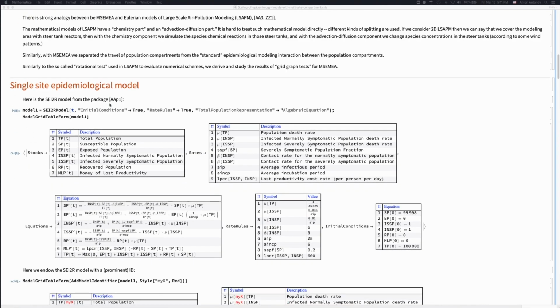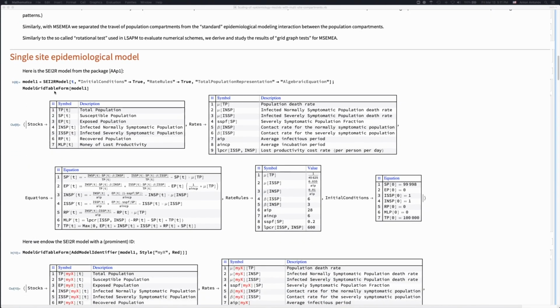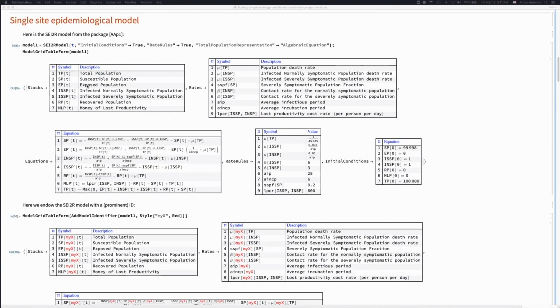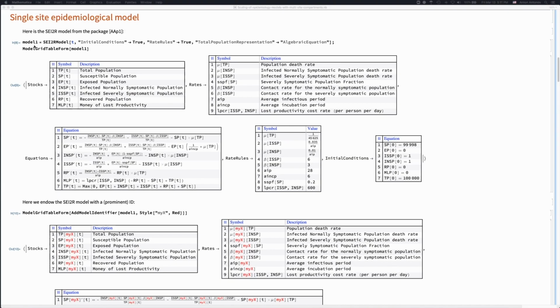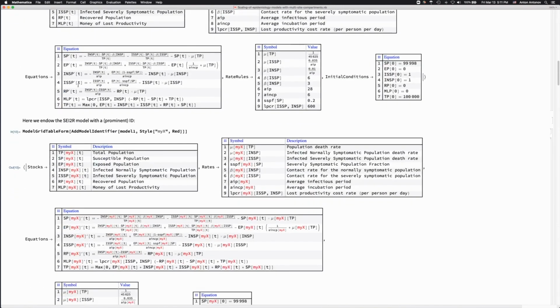All right, so this single site model is very, very simple, but what is happening here is, because I mentioned that a crucial step of this multi-site model is to make multiple copies of the single site model, this is what is being demonstrated here. This model here, model 1, which I have generated through a package I have written just for this type of models.